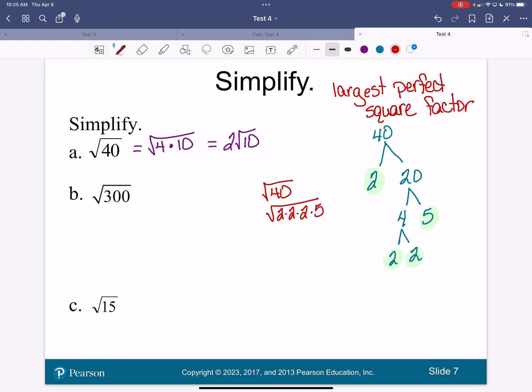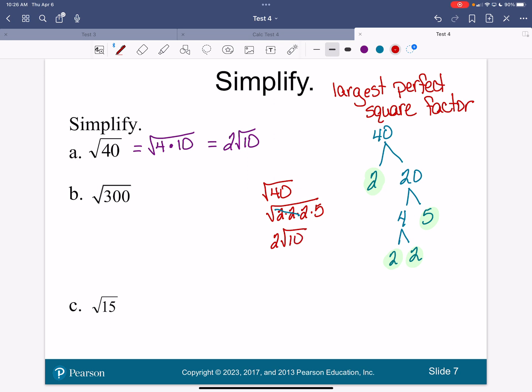So this is an alternative. This one we found our largest perfect square factor. Here what we did is prime factorization. Now, there's square root, so how many do I need to pull 1 out? 2. So I've got 2 2's. So I've got a set of 2 2's inside. So I'm going to pull 1 out. And what's 2 times 5?